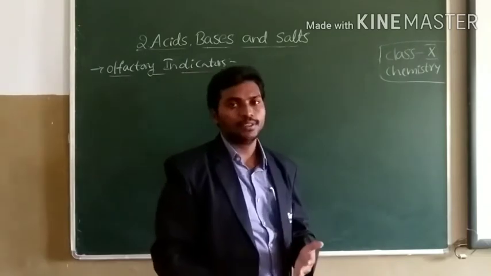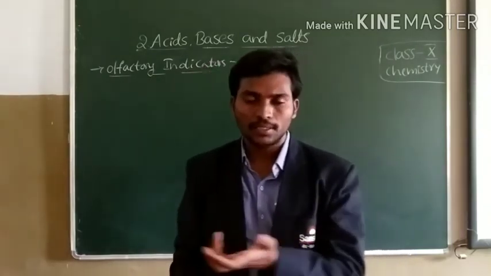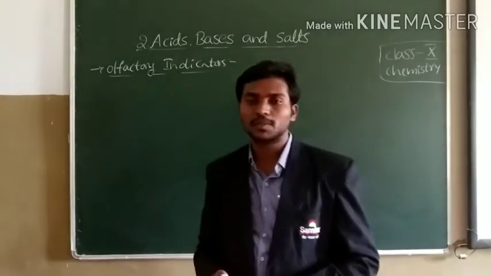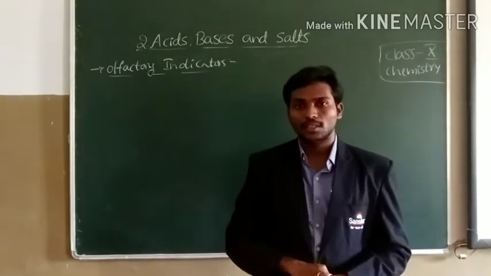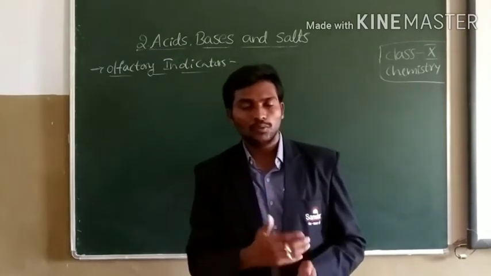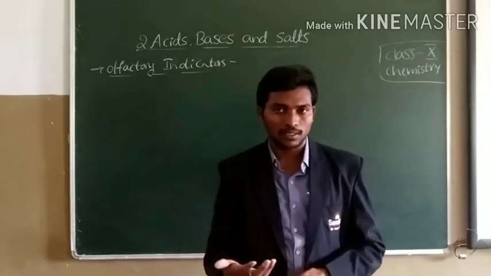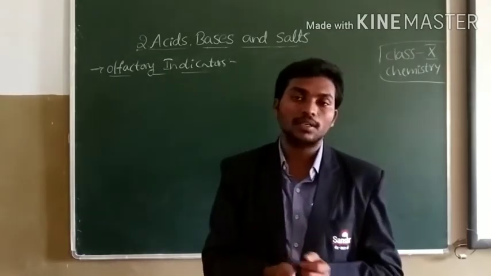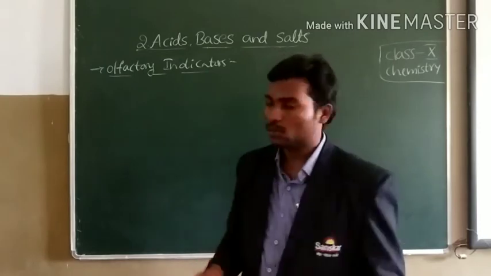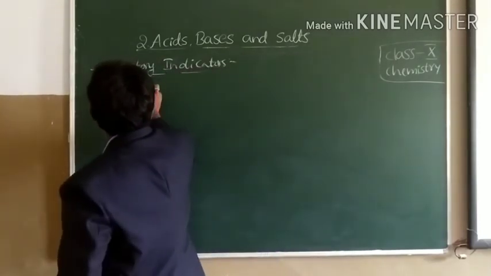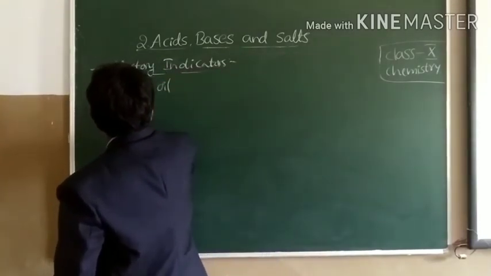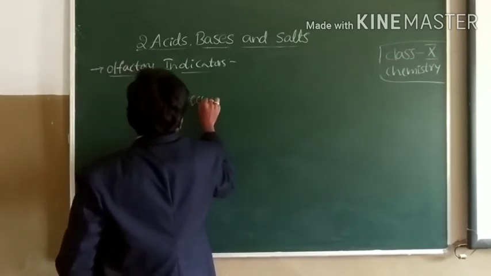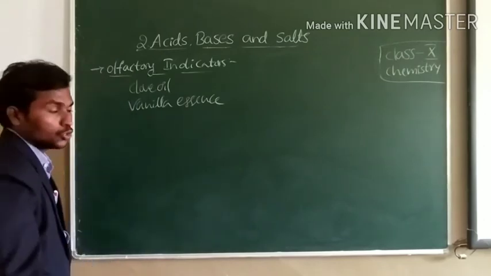Before, we have seen natural indicators and synthetic indicators. Now we are going to talk about olfactory indicators. Let's see what is meant by olfactory indicators. There are some substances whose odor, meaning smell, is different in different media. Some such substances are clove oil, vanilla essence and chopped onions.